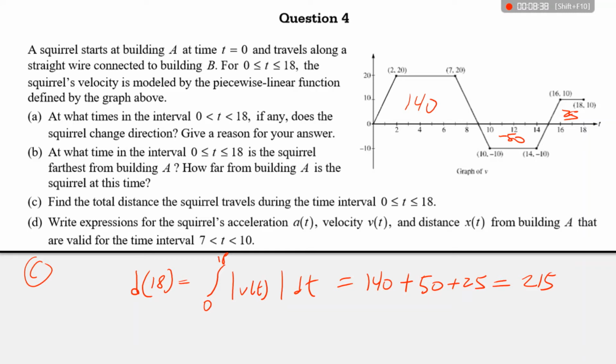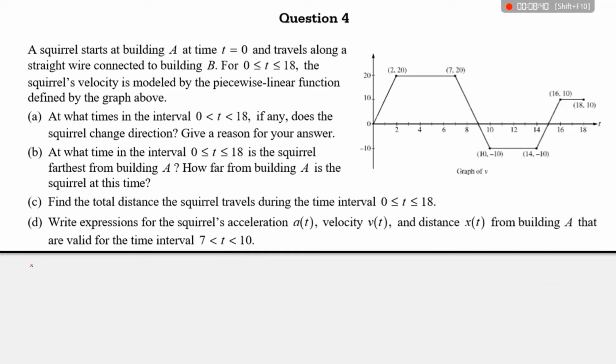Okay, and last one. Write the expression for acceleration, velocity, and distance from 7 to 10.